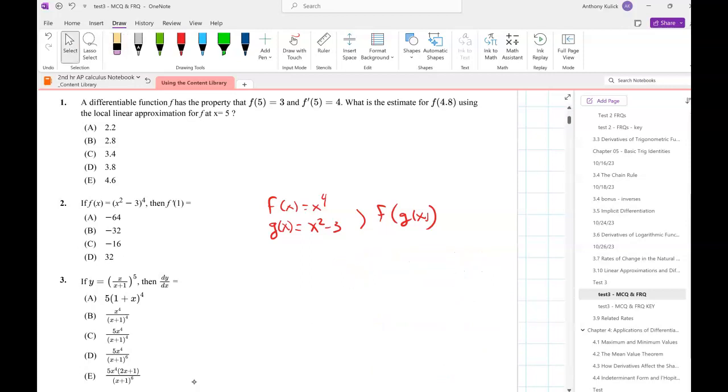If we look at Emma's down here, again, to me, this looks like a very obvious chain rule situation, with a quotient rule inside.